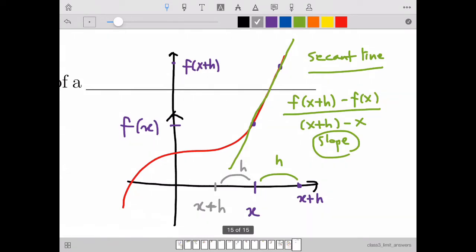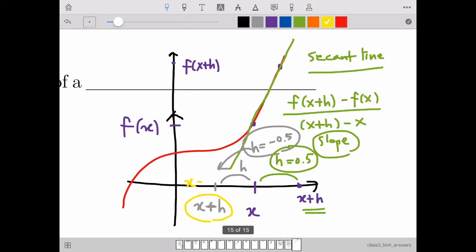So, for example, if h is minus 0.5 here, that is when h is 0.5, for example, right? So that is x plus 0.5, and here it is x minus 0.5. So it is x plus minus 0.5. So it is still x plus h.